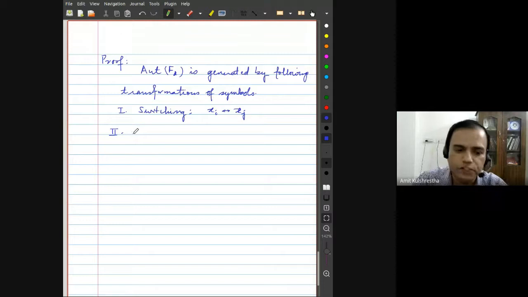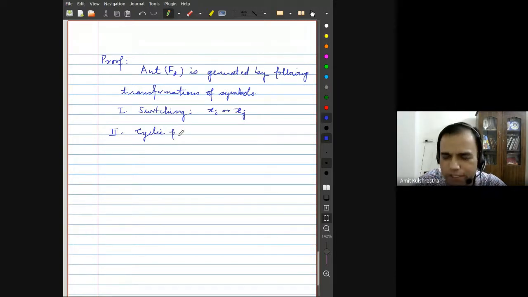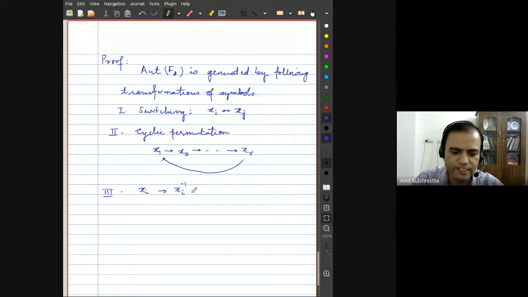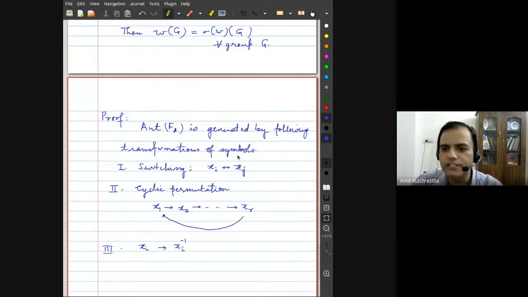And that is an automorphism of the free group. The other is cyclic permutation. Well, cyclic permutation is kind of repeated switching, but it deserves a special mention. x1 goes to x2, and like that, goes to some xr and comes back. And the third one is you can swap xi with its inverse. That's also an automorphism of the free group. I'm not asking you to swap a word with its inverse, but a free generator with its inverse.